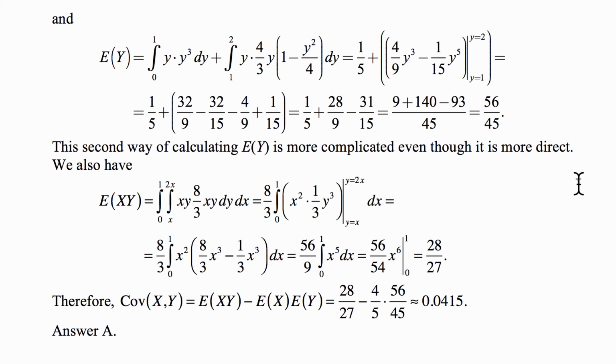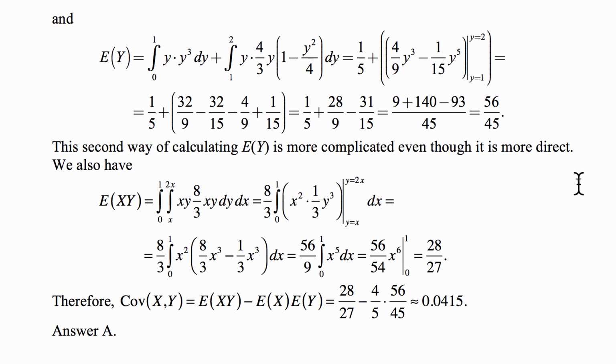We need to find the expected value of xy, because covariance is expected value of xy minus expected value of x times expected value of y. So the expected value of xy is a double integral of xy times the joint density. And of course the integral is much easier doing first with respect to y, with y running from x to 2x, and then with respect to x, with x running from 0 to 1, which is exactly what we're doing here.